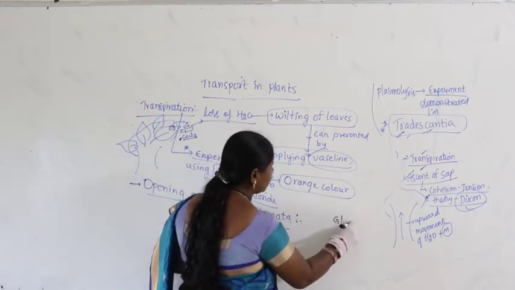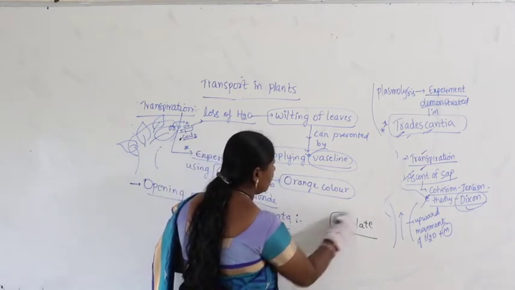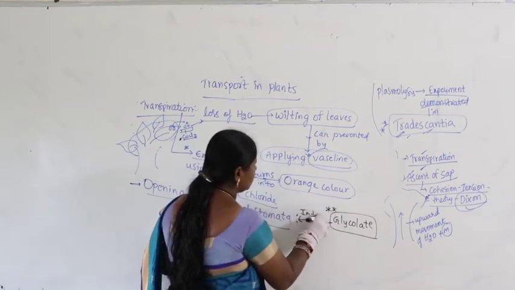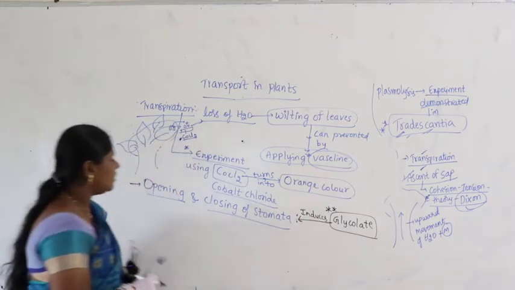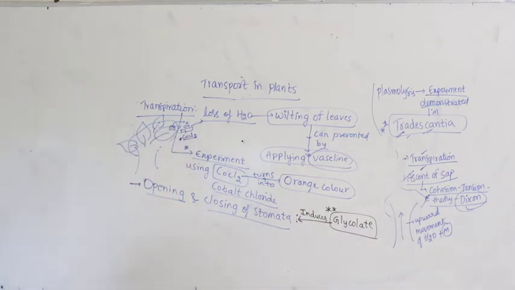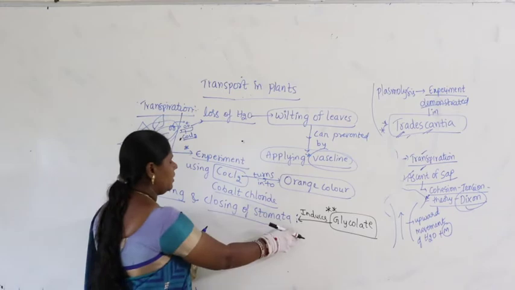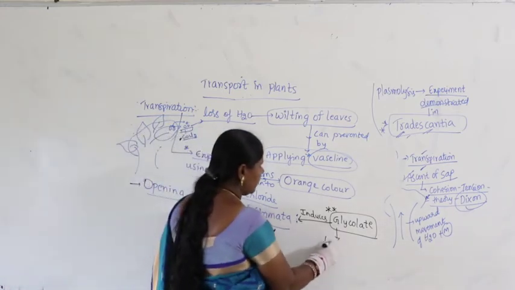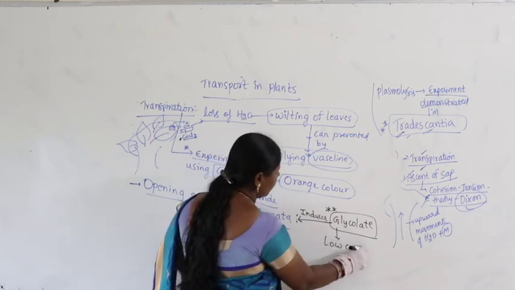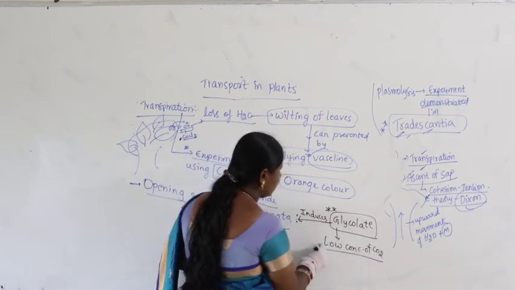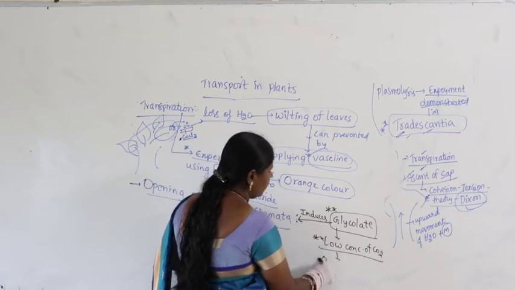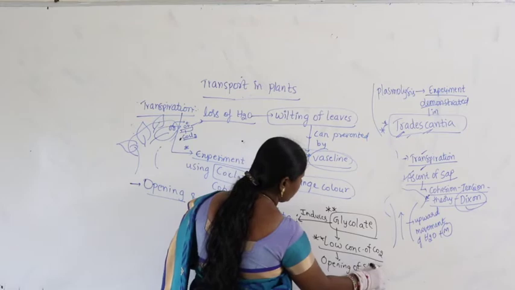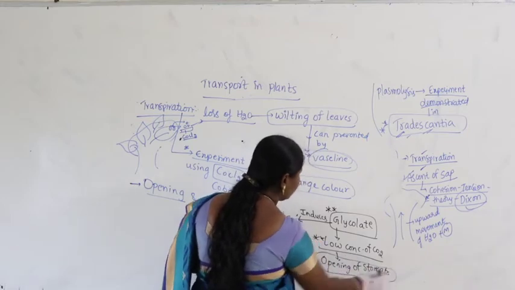There is one particular substance called glycolate, which induces opening and closing of stomata, but most frequently with low concentration of carbon dioxide, it causes opening of stomata.